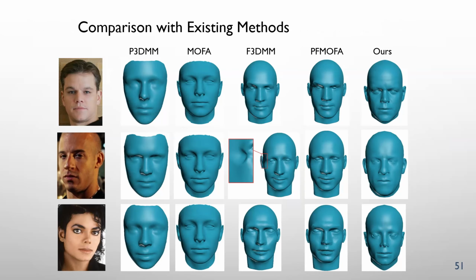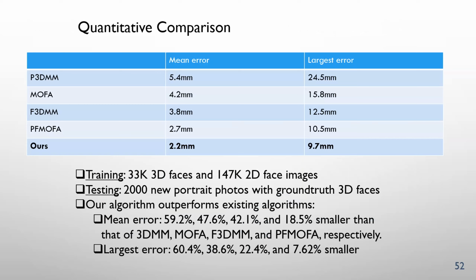Okay, so here are some results in comparison with other reconstruction methods. We can see that our produced faces look realistic, and they contain good detail. These are some quantitative comparisons.